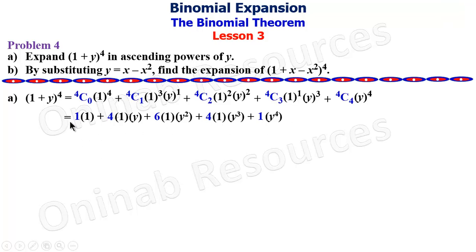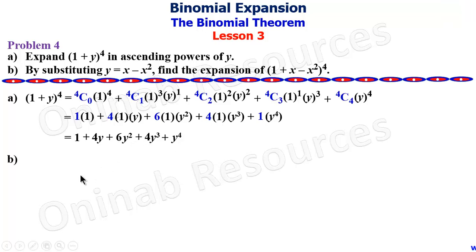So in this case, we simplify finally to give us 1 plus 4y plus 6y squared plus 4y raised to power 3, then plus y raised to power 4. So we are done with A.